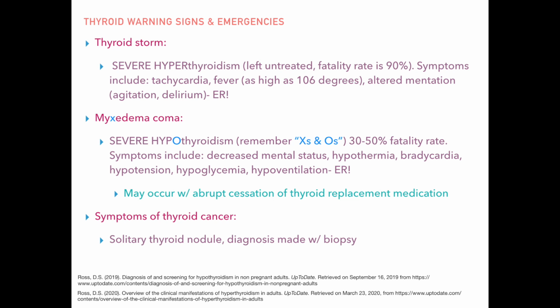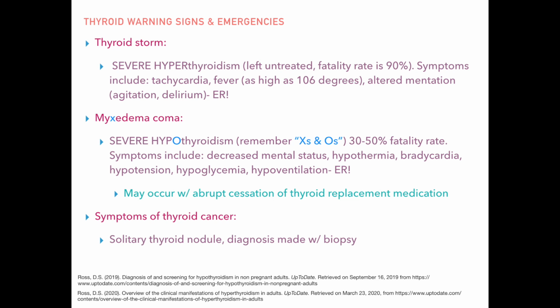Left untreated, this has an extremely high fatality rate of 90%. And symptoms for thyroid storm include tachycardia, fever as high as 106 degrees, altered mentation, for example, agitation, delirium, and for obvious reasons, these patients are going to be managed in the ER.